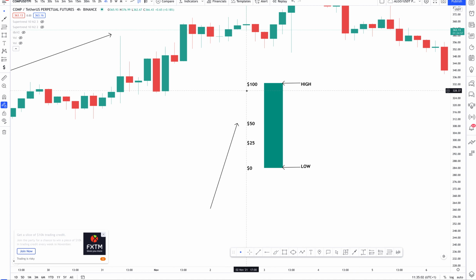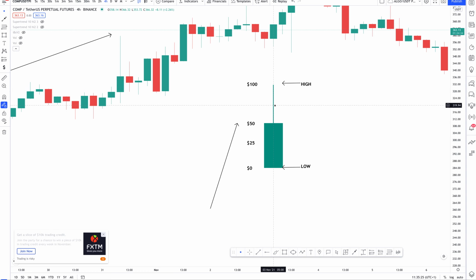Whatever factor brought price down to $50, I can't say. Maybe supply became much, and when people have an excess of supply, price drops, or whatever it was. But let's say price came down to $50. Price was at $100 and then price came back to $50.